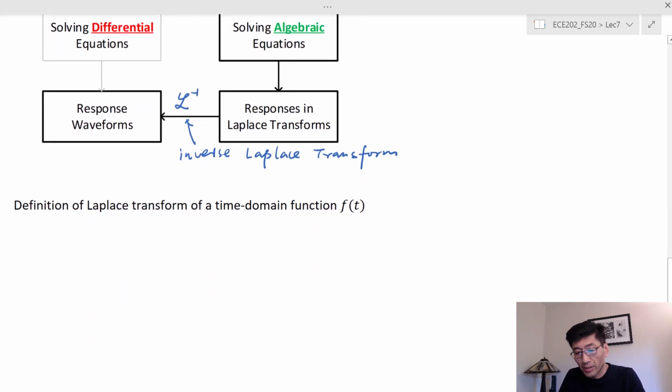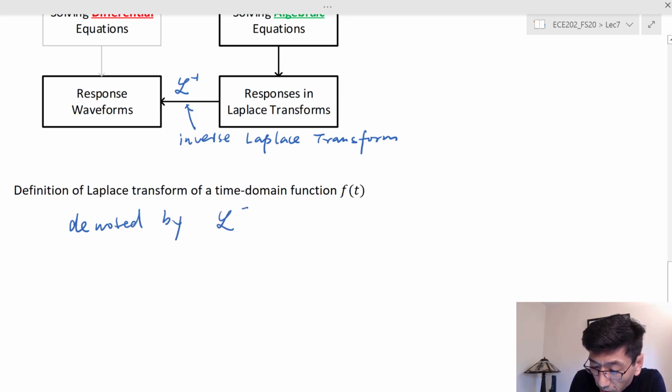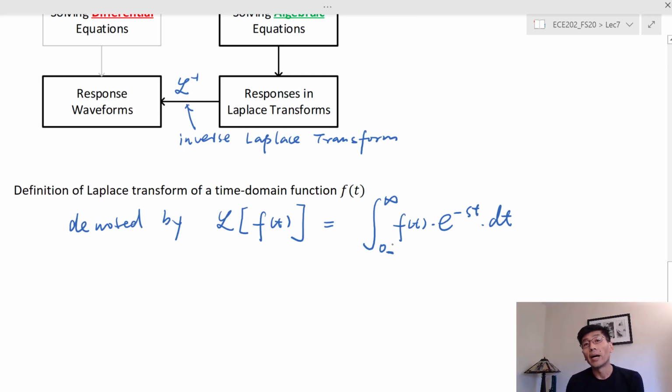And let's look at the definition of the Laplace transform. First, the Laplace transform of f(t) is denoted by the script L of f(t), and the definition is that you integrate from 0 to infinity, f(t) e to the minus st dt. And normally you can integrate from 0, but to be sure you start with 0 minus.